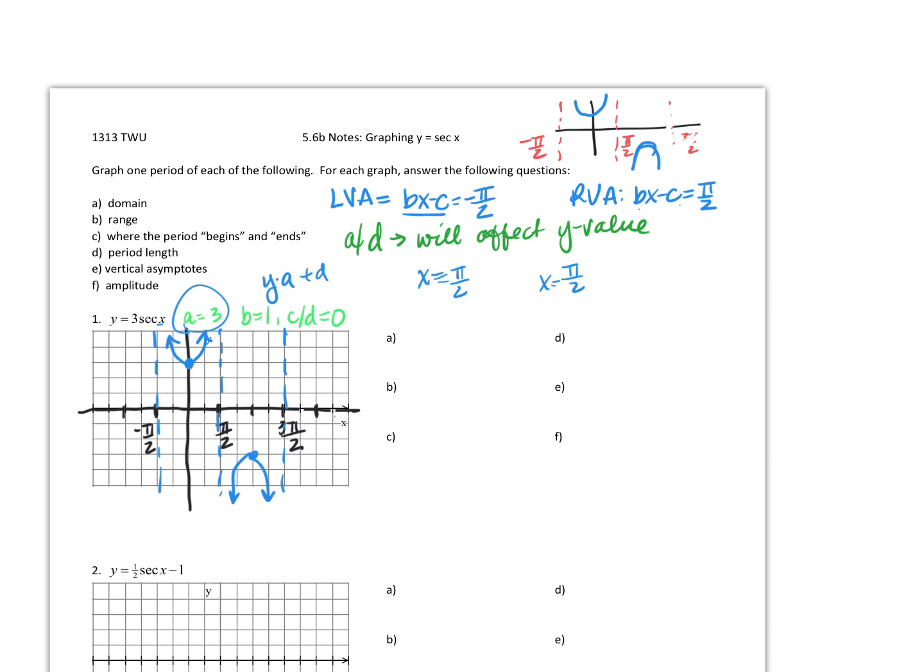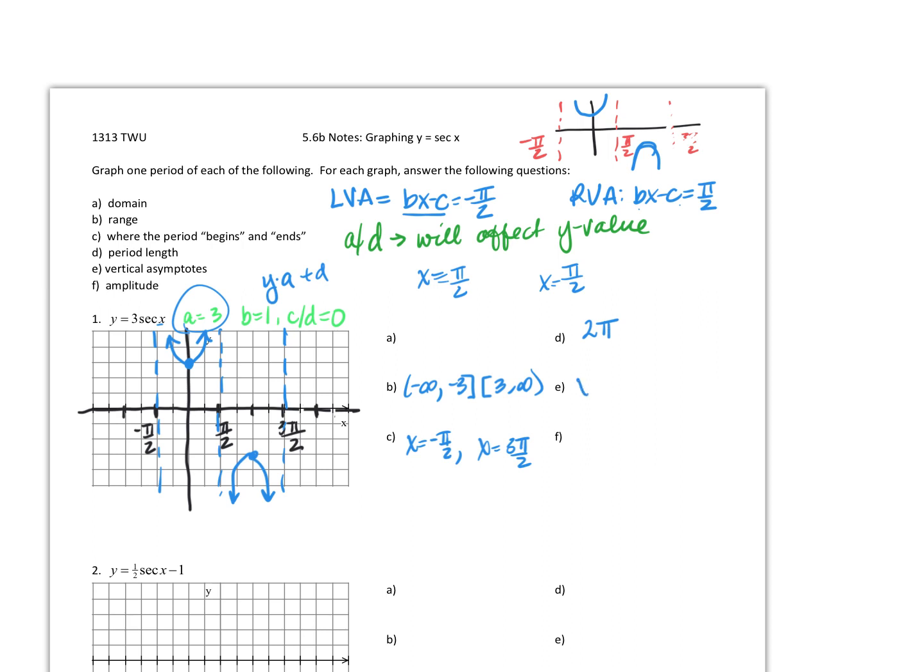Okay, so let's see. What's happening with my range? Let's start there. Negative infinity to negative 3, bracket, jumps up to 3 to positive infinity. C says, where does the period begin and where does it end? So it's going to begin at negative pi over 2, and it's going to end at positive 3 pi over 2. D says, what's the period length? Okay, it's just 2 pi.